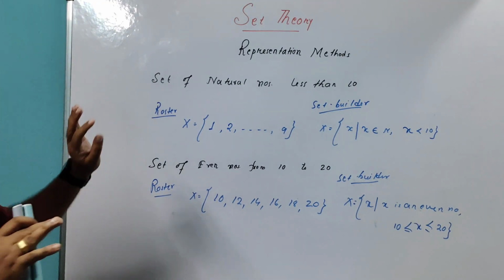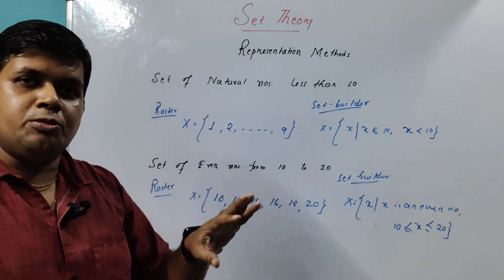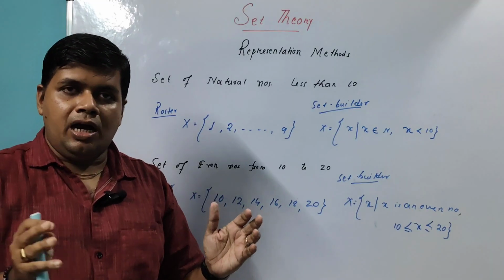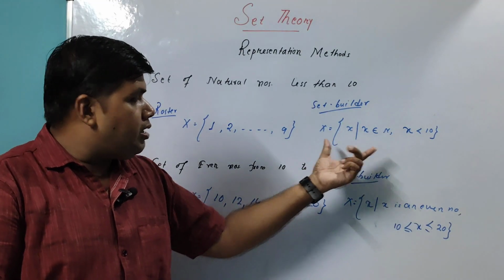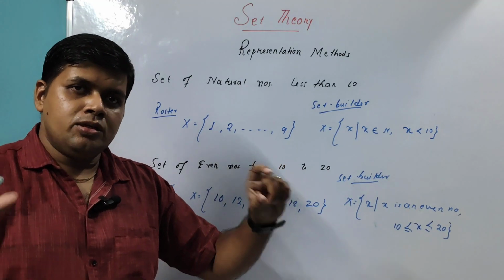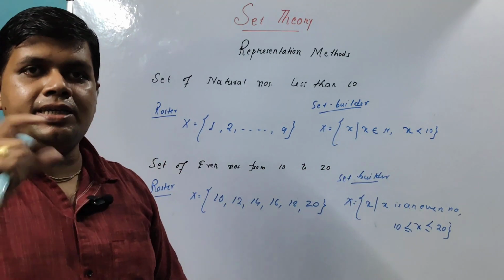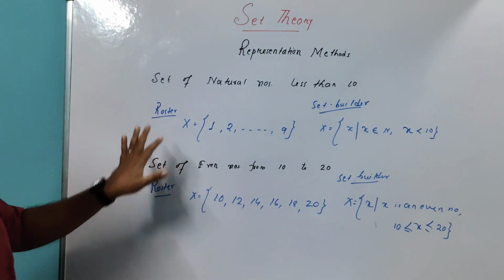When can we use the roster method and when can we use the set builder method? The set builder method is best used when the number of elements is huge. Whenever we have a huge number of elements, we can't list down all the elements, so in those cases we can use the set builder method. However, if we want to display or show the elements, in that case we have to use the roster method.